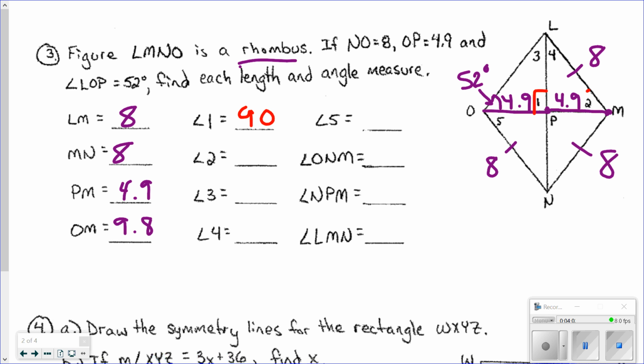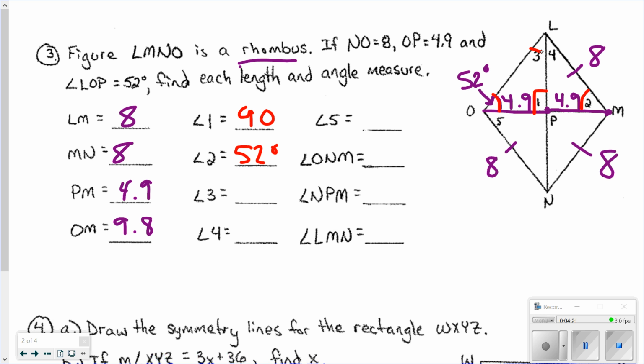Angle 2 is here, and we know angle 2 is across from this angle here, so those are congruent. Also remember that the diagonals of a rhombus bisect those larger angles. Okay, that's going to help us here in the future. So angle 2, we know, is going to also equal 52 degrees.